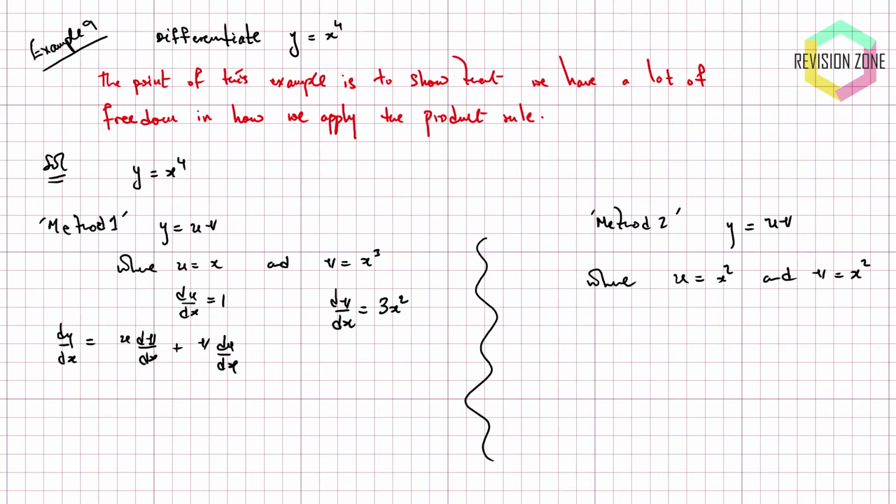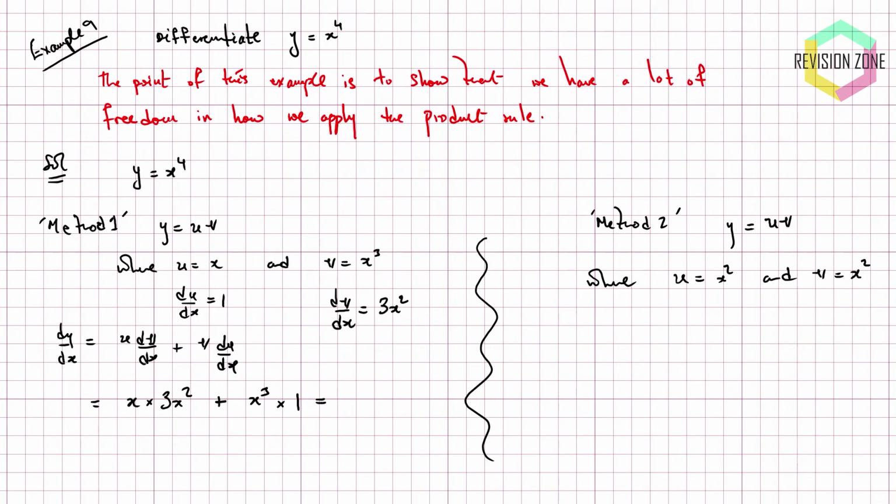Once I have that, I go back to the formula for the product rule and substitute that in. My u is x, so I write that down. My dv by dx is 3x squared, so I write that down. Then my plus, and then my v is x cubed, so I write that down, and then my du by dx is 1.